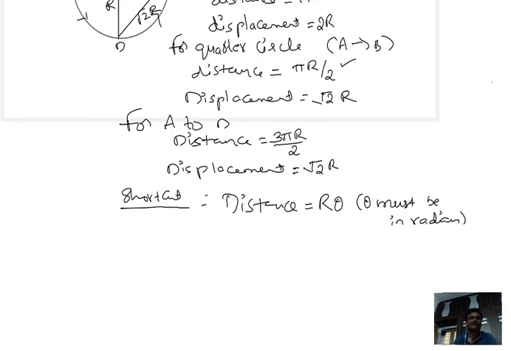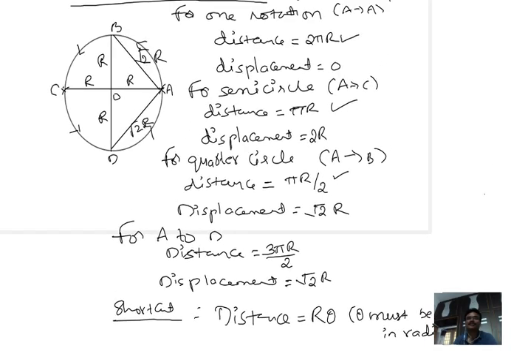For the total circle, the distance is 2 pi r. The total angle is 2 pi radians, so r theta gives 2 pi r. For semicircle the angle is pi, so you get pi r.